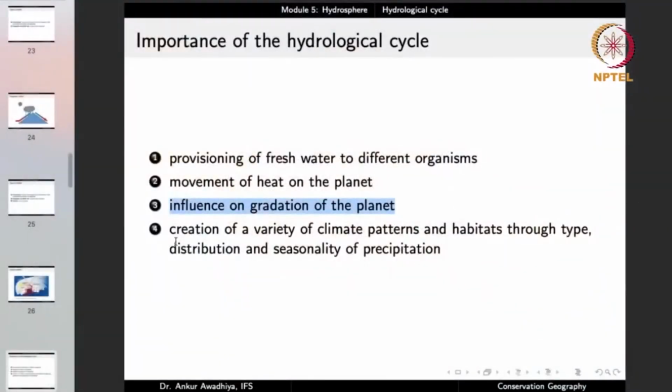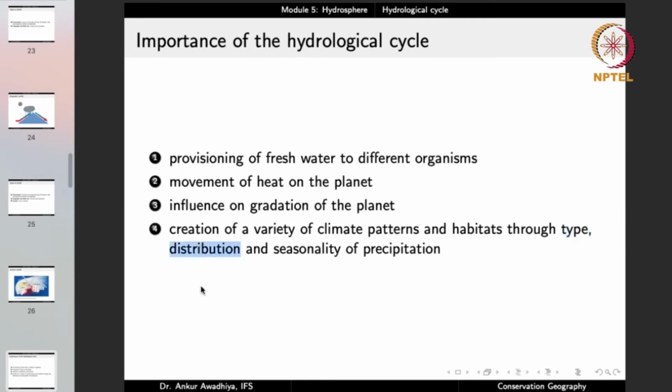Another importance is that it creates a variety of climate patterns and habitats through type, distribution, and seasonality of precipitation. Type meaning whether it is in the form of rains or in the form of snow. So if you have snowfall, there will be a very different habitat that gets created, full of ice and snow. If there is rainfall, it's a very different kind of habitat.